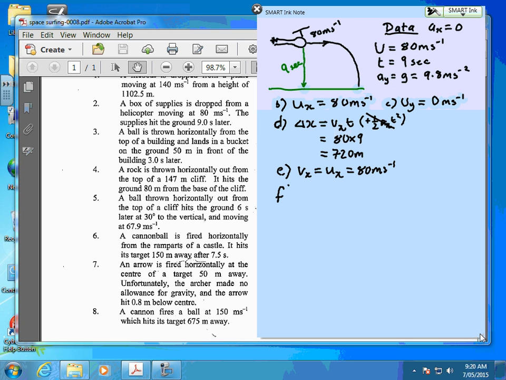Okay, so I have a number of formulas over there. I'm looking for a formula which has v in it. Which formulas satisfy that? Vy. Yes, so I've got vy equals uy plus ayt, or I've got vy squared equals uy squared plus 2a delta y. Now, if I look at those, how would I work out in my brain which I'm going to use?